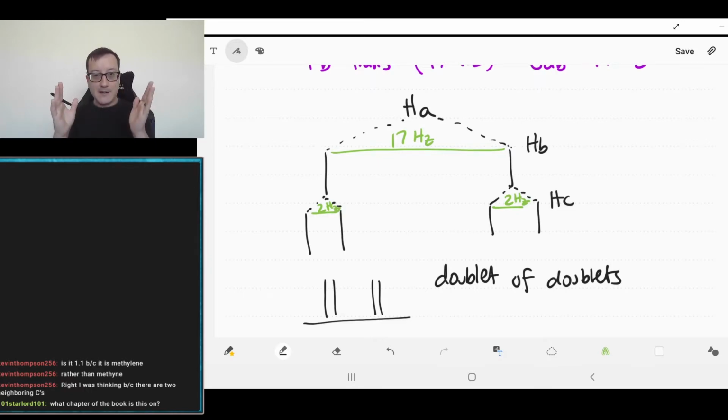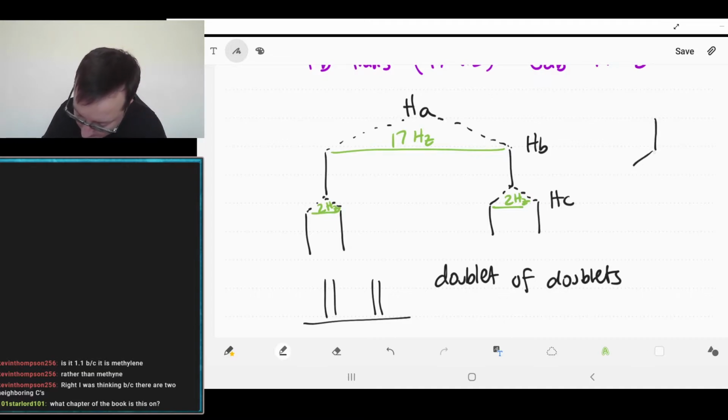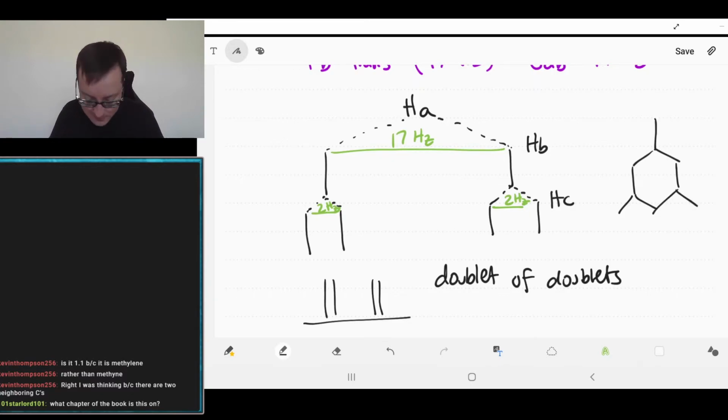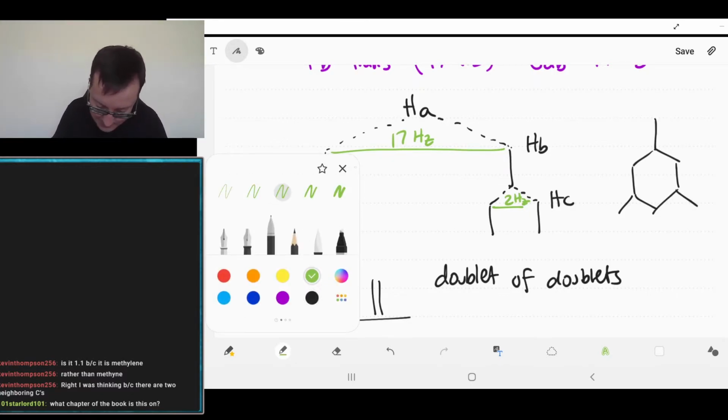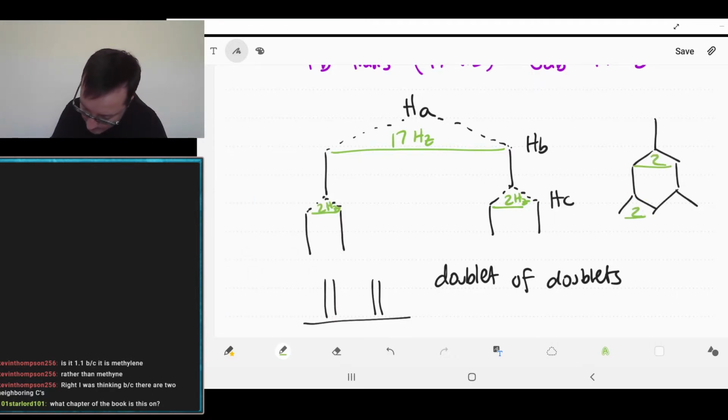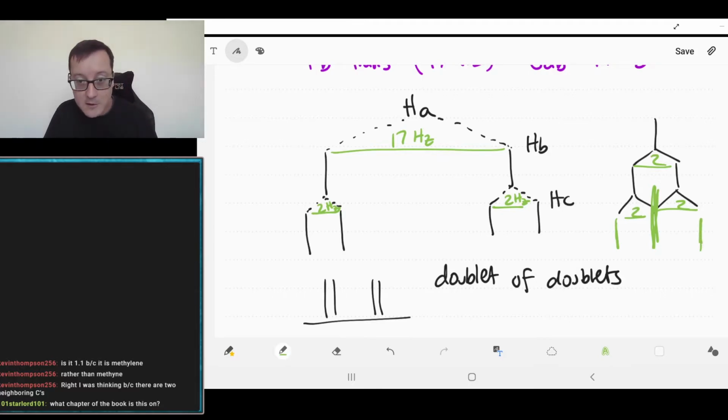We have a doublet, so those two are pretty wide apart, and then all of those split in two as well. Previously they lined up, because everything was 2 hertz. When everything was 2 hertz, things lined up, and we end up with our triplet with the 1 to 2 to 1 ratio. This was a normal triplet. Because they have the same coupling constants, they just make a nice triplet.